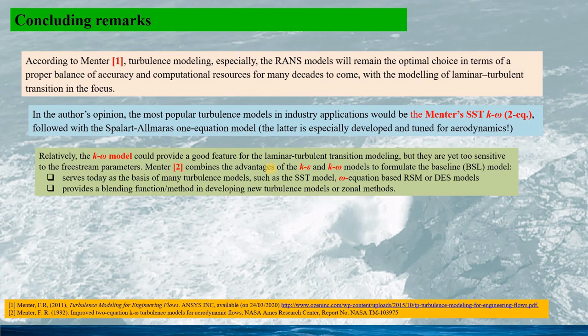Therefore, Menter combined the advantages of the k-epsilon and the k-omega models to formulate the baseline turbulence model, which can serve as the basis of many turbulence models, such as the SST model, the omega equation-based Reynolds stress model, or detached eddy simulation models, and provides a blending function or method in developing new turbulence models or zonal methods.